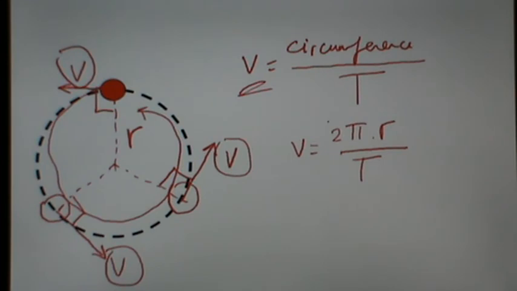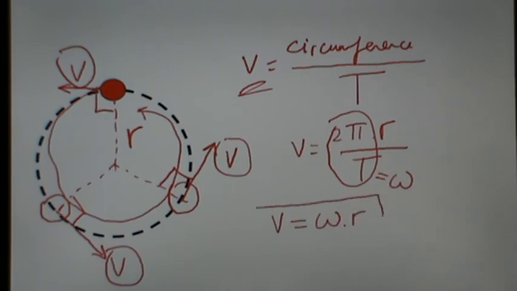Now, since 2 pi over period is the angular velocity omega, then the linear velocity v will be the angular velocity omega times the radius r. So this is very important, and the unit here is meter per second.